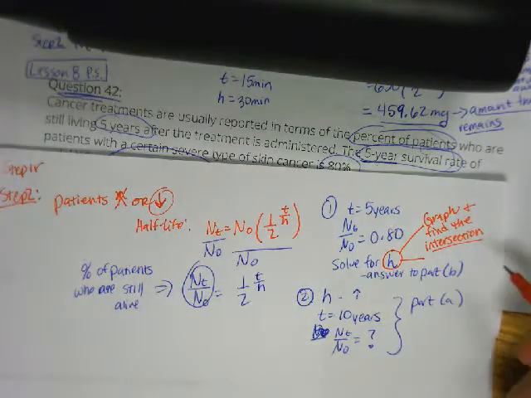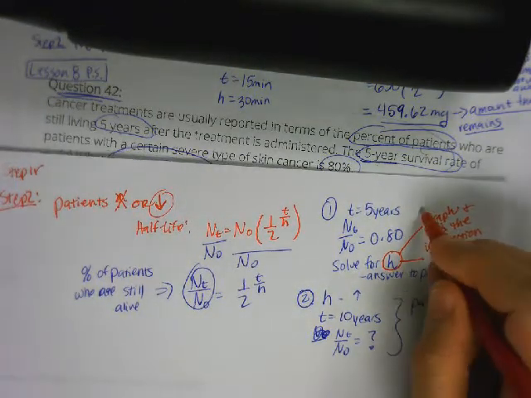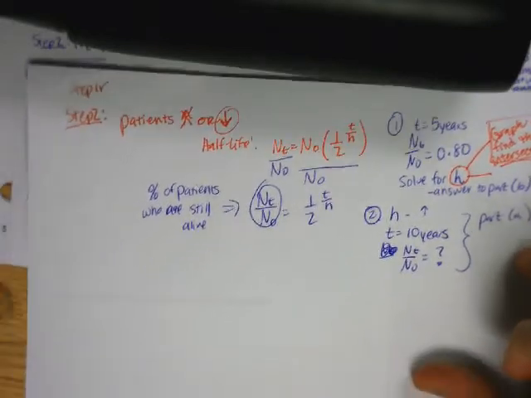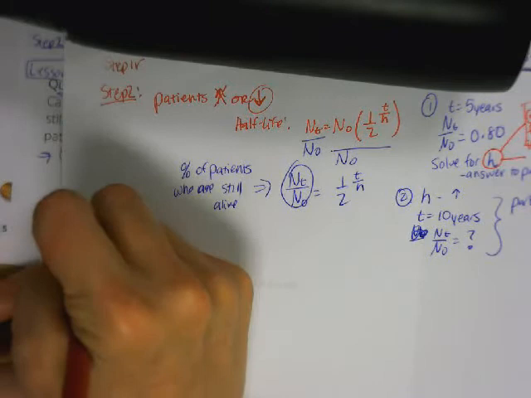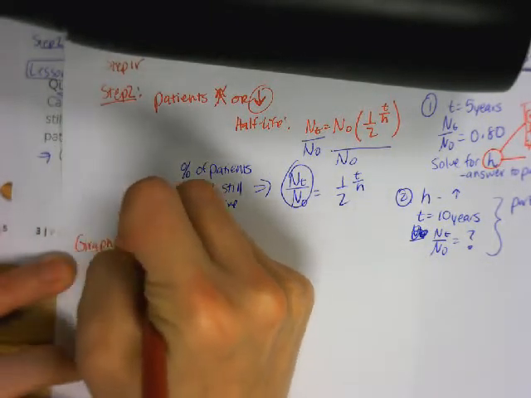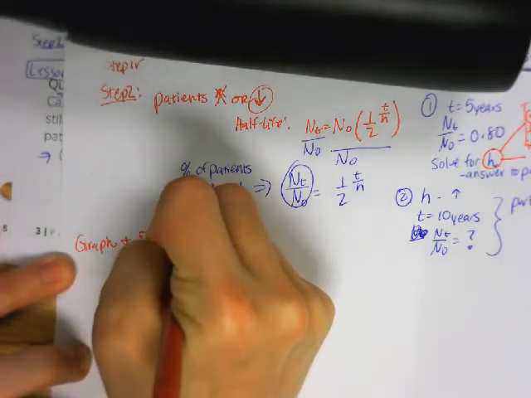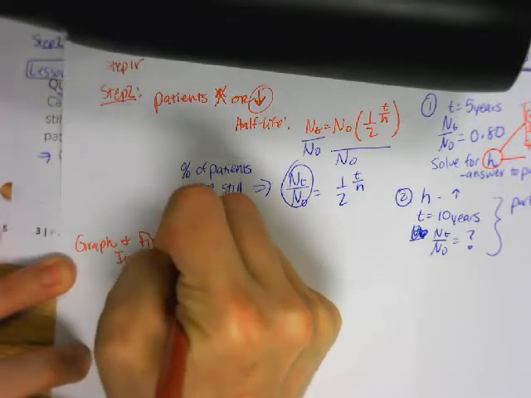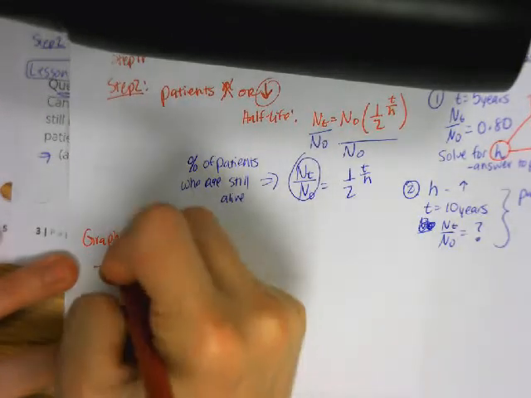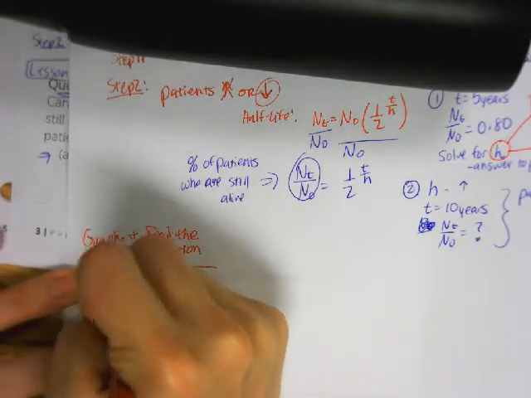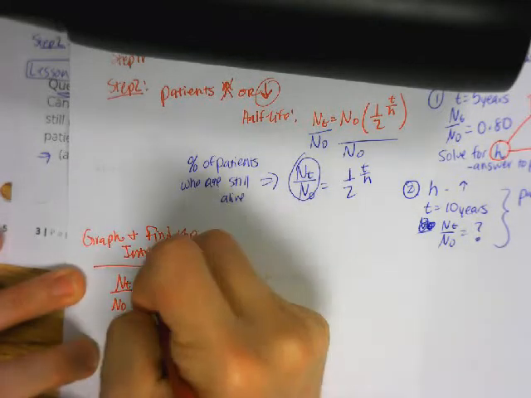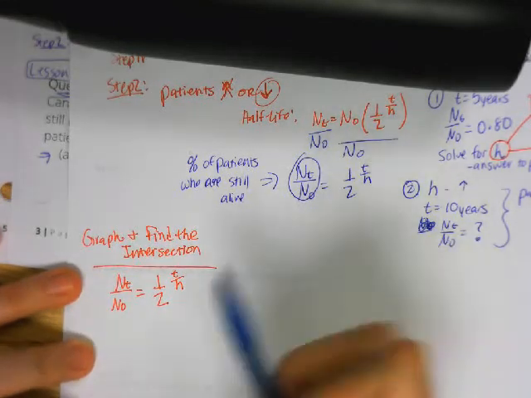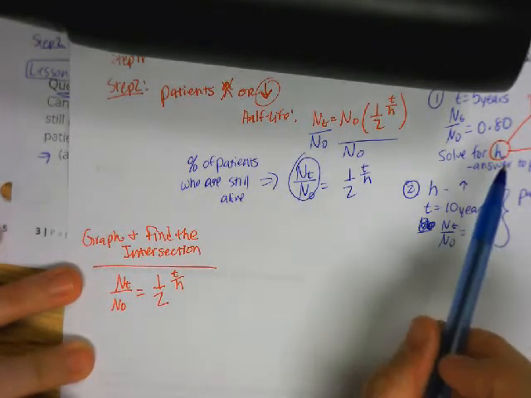So let me break down this component right now. Graph and find the intersection. So to graph and find the intersection, you will have a formula that looks like NT divided by N0 is equal to 1/2 to the T divided by H. But your T is going to be 10 years.